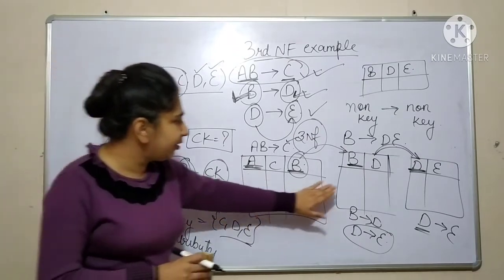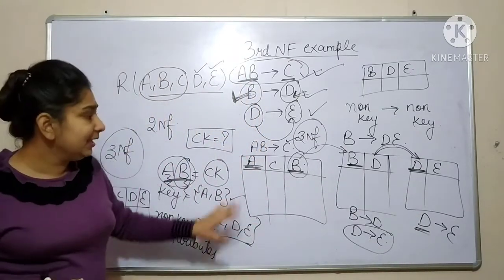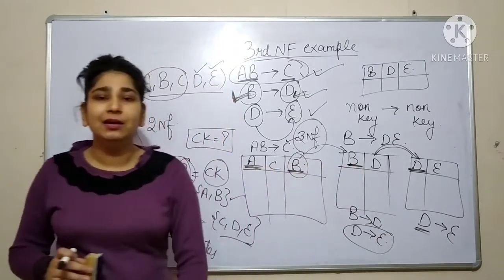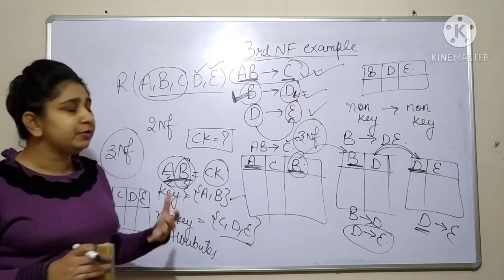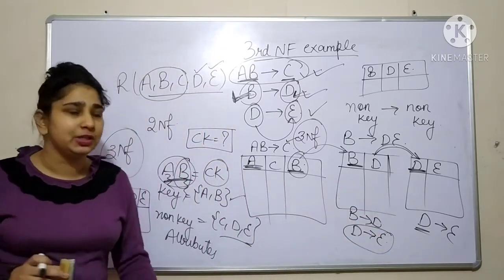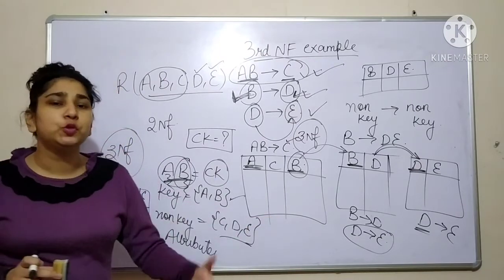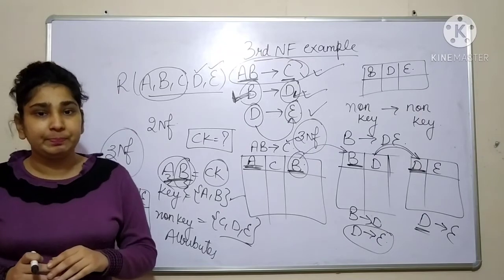All these three relations in which we have removed our redundancy are going to be stored in the hard disk. And when at a later point of time we need to join these three relations, all that kind of joining would be done in the main memory.